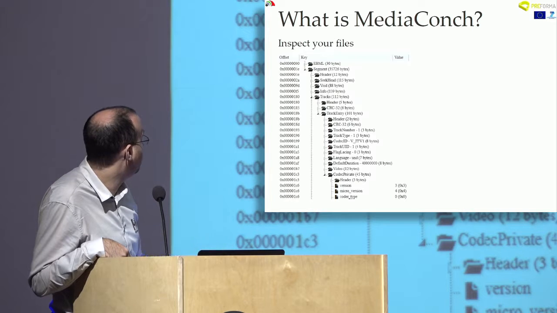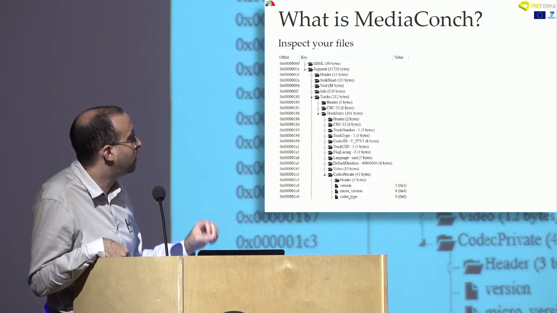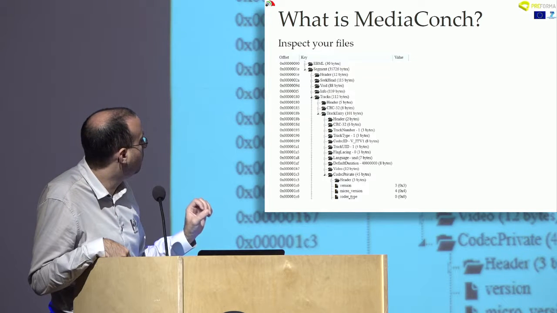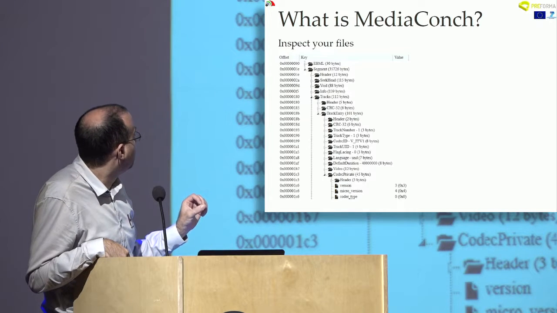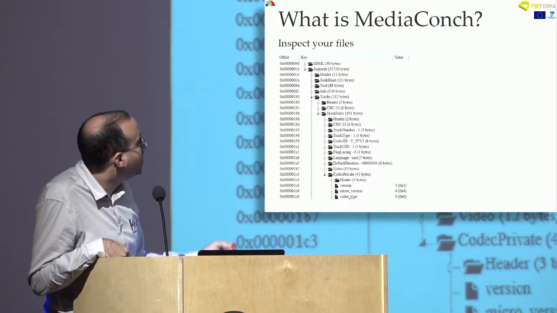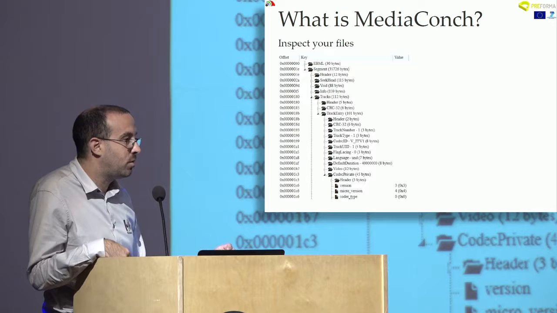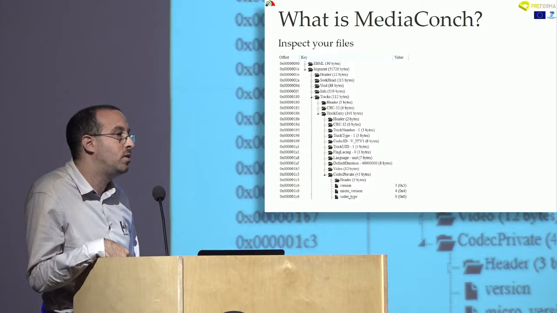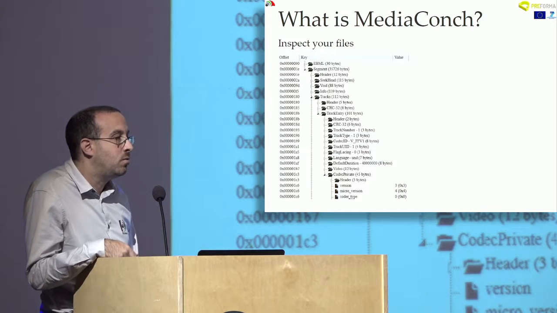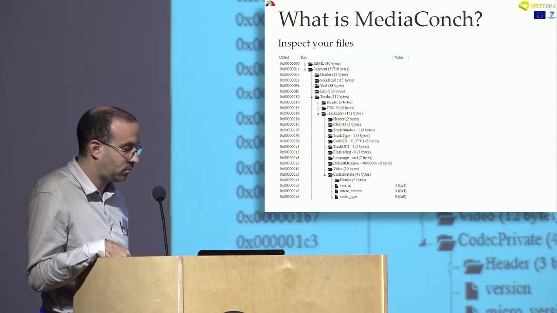Byte per byte, you can dig in the file and see what is the meaning of each byte in the file. So if you have some difficulties understanding why such a file is not compatible, and you don't see the reason, you can check exactly the bytes in the file.